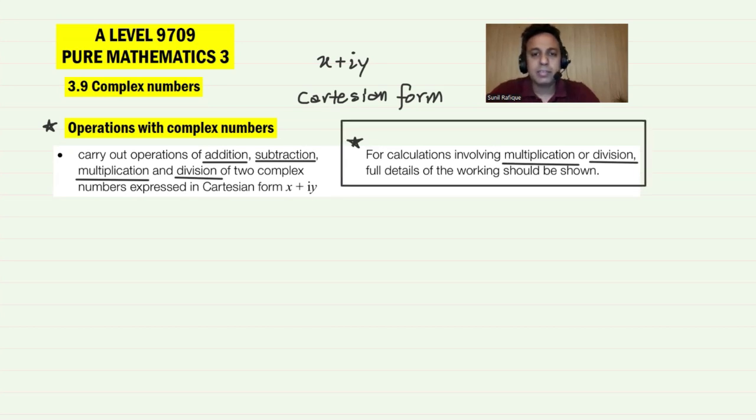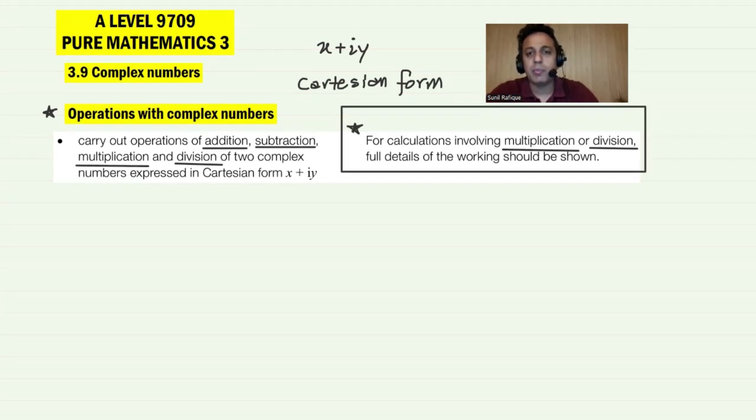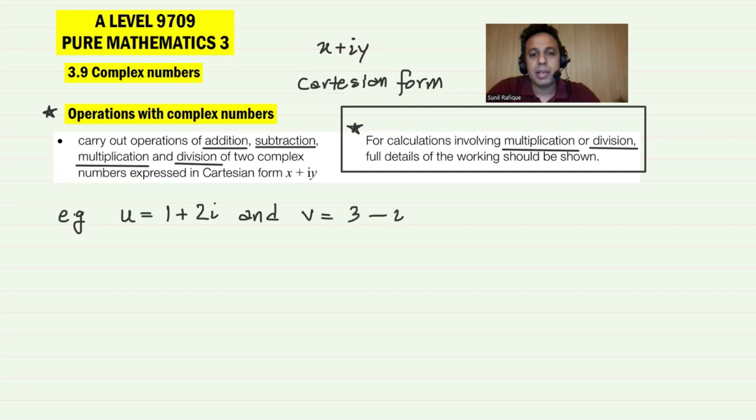Let's consider an example where I will take two complex numbers and show you how to add them, subtract them, multiply them, and divide them. Grab your notebooks. For example, if u is 1 plus 2i and v is 3 minus i, how do you add them?